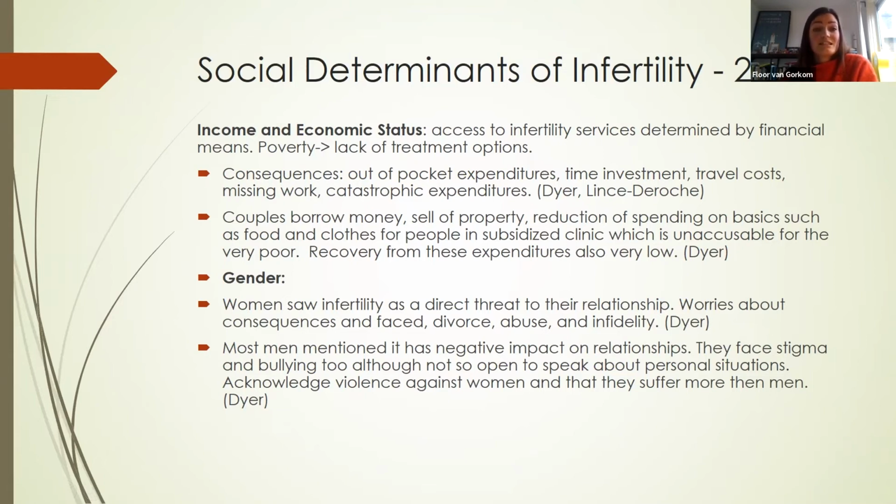As a consequence of infertility, people make out-of-pocket expenditures, they invest in travel costs, they miss work, and they actually make catastrophic expenditures. And to cope with this situation, couples borrow money, sell property, and reduce spending even on basics such as food and clothing.